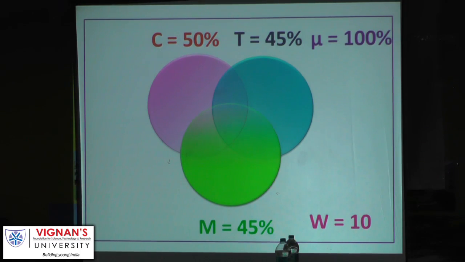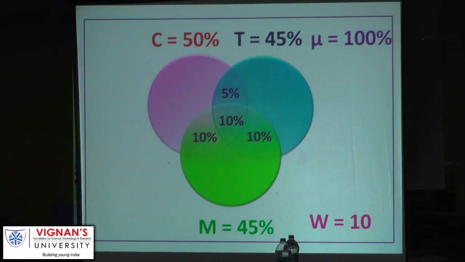That's why they are outside the three circles. How many take all three? 10%. How many take coffee and tea? 15%. So 10%. How many take milk and tea? 20. So 10 is already there, another 10. How many take coffee and milk? 20. So another 10. 10 is already there, right?